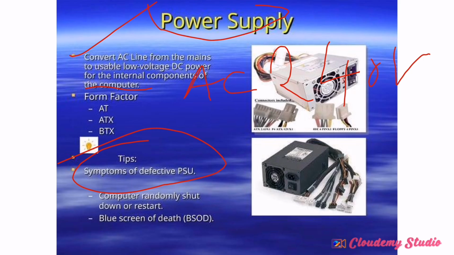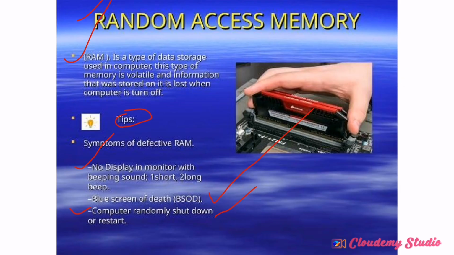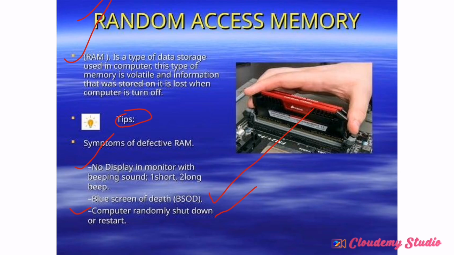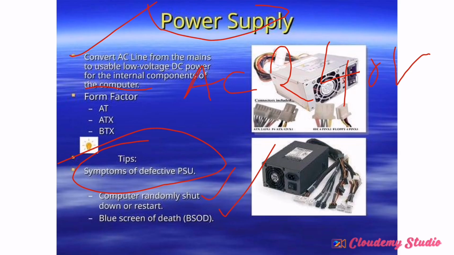Then blue screen of death. Even this one again, when you check here, we have blue screen of death, same as this side. So when you check the symptoms, they are almost the same. Make sure you check properly, because you can mistakenly blame the RAM for having the problem, but in actual fact the problem is coming from the power source.